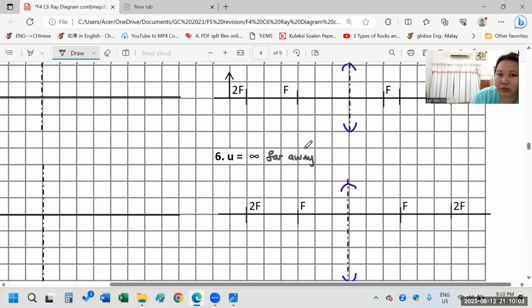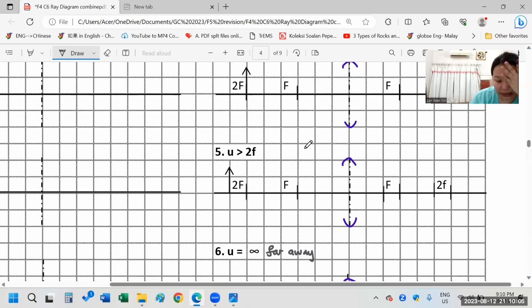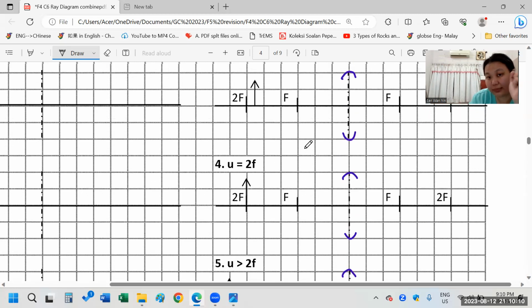So when the object is put in different places, it will form different images.